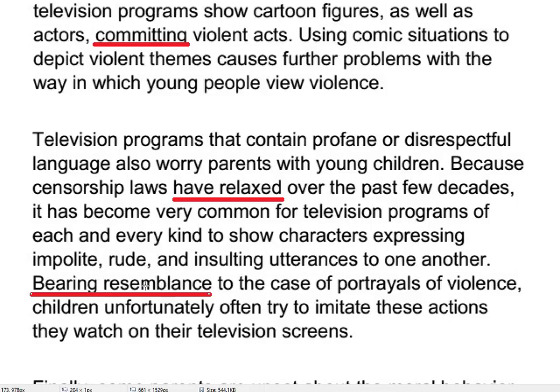Well, resemblance is a countable noun, so we should have bearing a resemblance to the case of portrayals of violence. I don't know what this case refers to. What case is he talking about? Was this mentioned before? Because this is language. Now we have a portrayal of violence. Okay, I don't know why this is here.